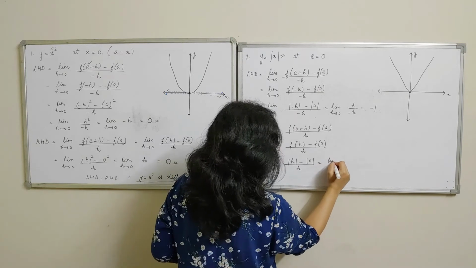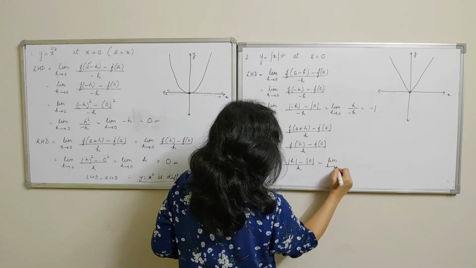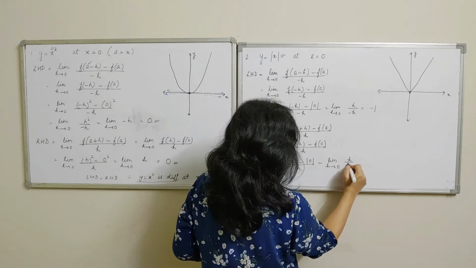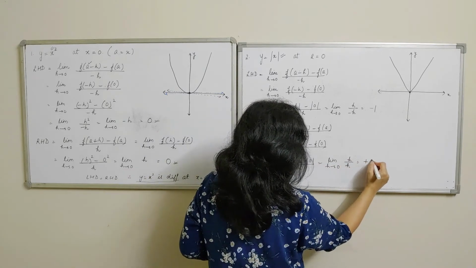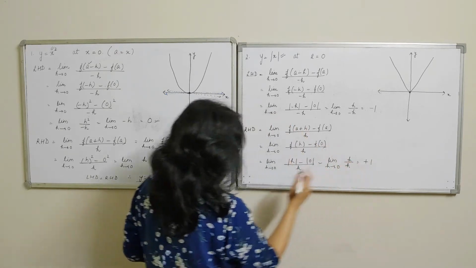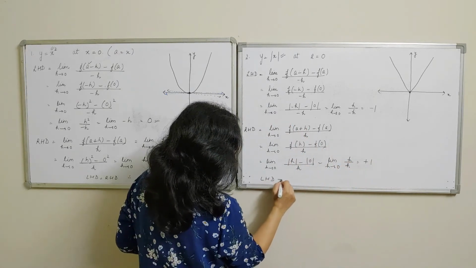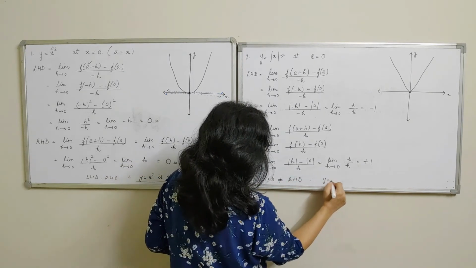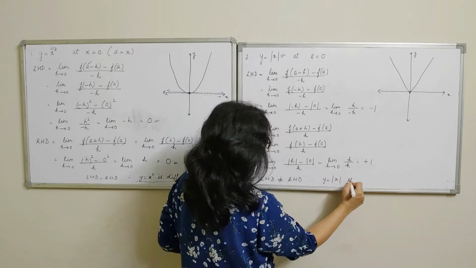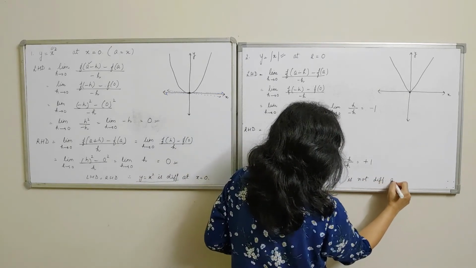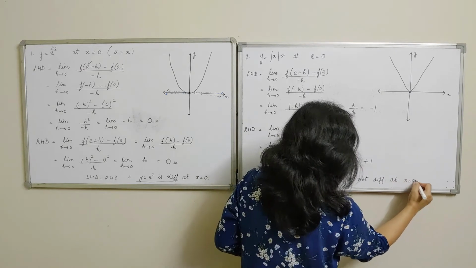So we obtain here limit h tends to 0, modulus h is h upon positive h, which is equal to plus 1. So you can see here the left hand and right hand derivatives are not equal. The left hand derivative is not equal to the right hand derivative. Therefore the function y is equal to mod x is not differentiable at x is equal to 0.